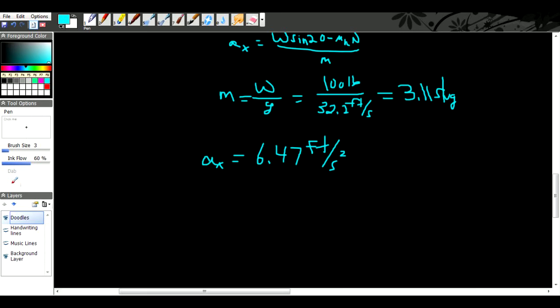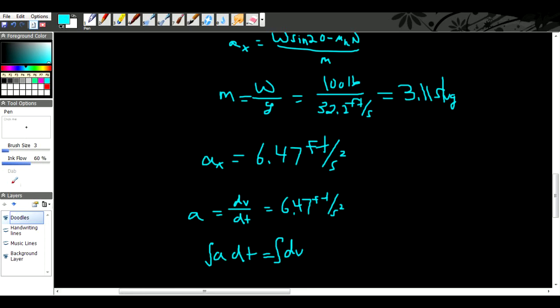Now from one of our kinematics equations, we know that a equals dv/dt, which is equal to 6.47 feet per second squared. So if we integrate, a dt equals dv, separation of variables.